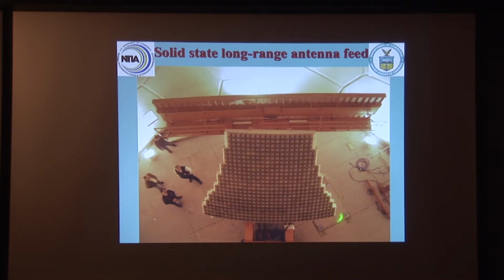Remember I said it's a solid-state radar? This is the feed, and the feed consists of a set of solid-state modules. This is why, in a certain sense, solid-state radars are heavier than tube-type radars. You have to put so many modules in. Each of these modules is, I don't remember exactly, 1 watt, maybe 5 watts per module. So you have to put a huge number of these modules together in order to get any kind of high peak power level.